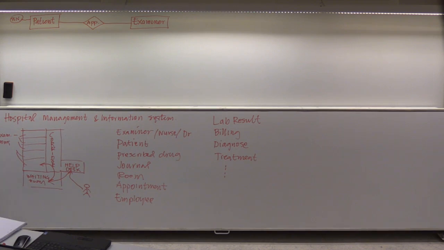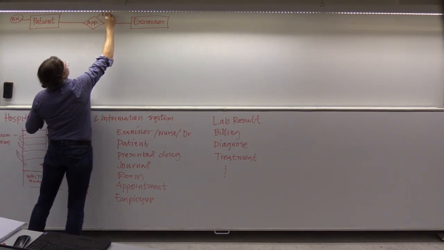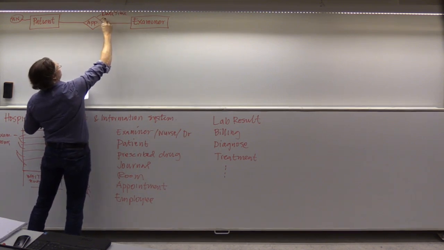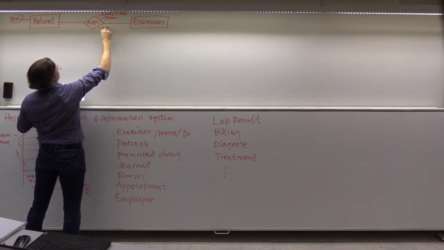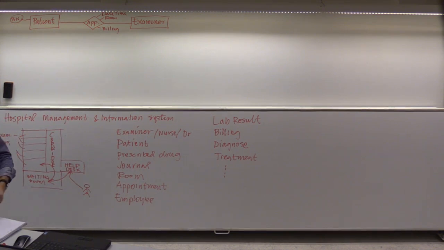I put that relationship between the patient and the examiner and said that, okay, there's a date and time here. And there's also a room somewhere and also a billing amount. That might not be entirely correct, but that was my relation between that patient and the examiner.